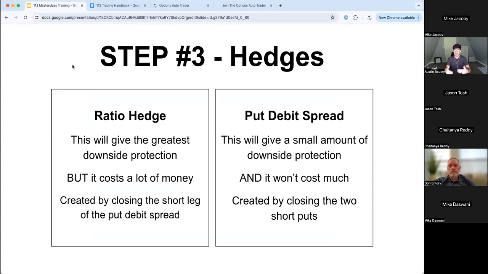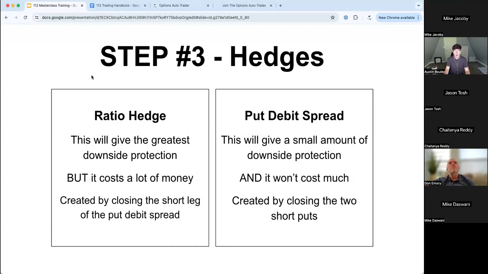However, when you convert a 112 into a hedge, you're not actually paying money. You're just giving back some of the profit you made. So the 112, let's say it makes you $1,500. Now you're giving back about $1,000 for this hedge in order to get $20,000 of downside protection. So you're using the profit you already made to create a hedge that's now essentially free and giving you downside protection.